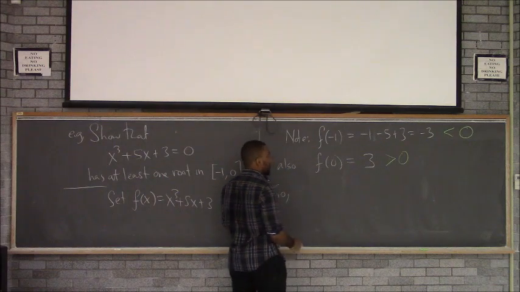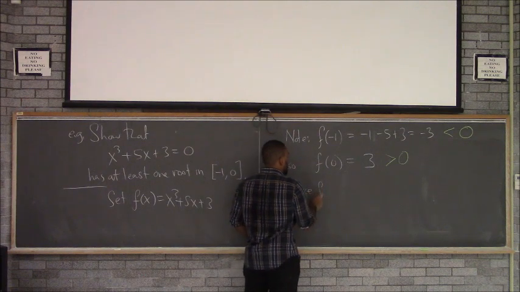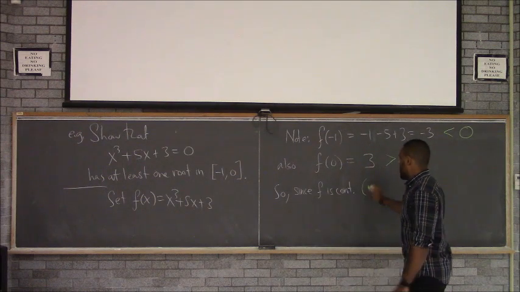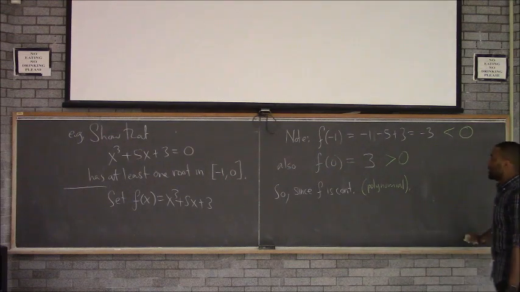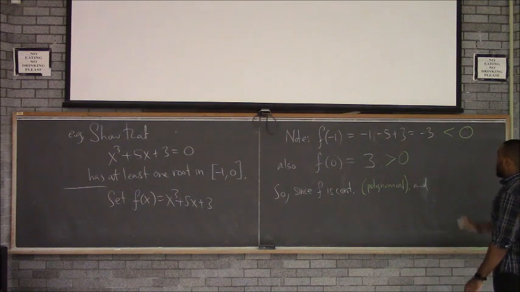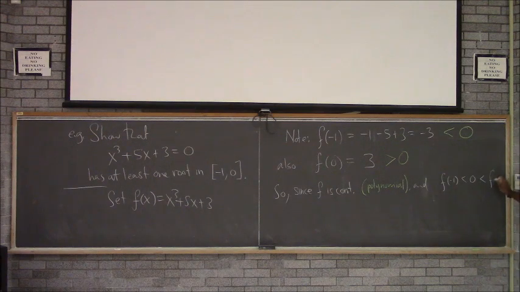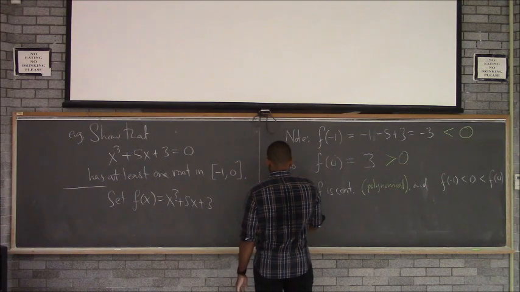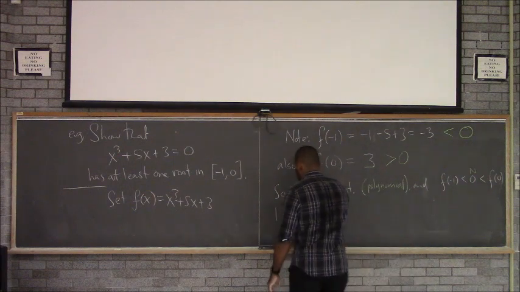So, it turns out, since f is continuous, how do I know it's continuous? It's a polynomial. It's one of the 6 fundamental examples of what it is to be continuous. Since f is continuous, and I saw that f of -1 is less than 0, and f of 0 is larger than 0, that means the 0 is like our n in the intermediate value theorem.